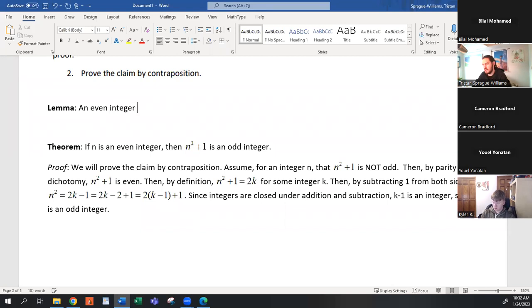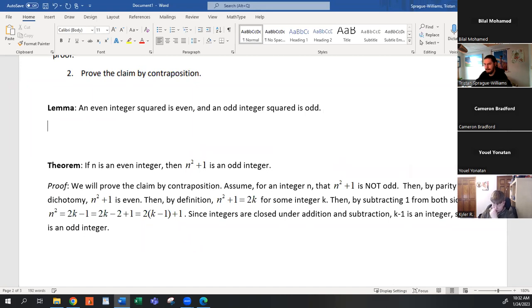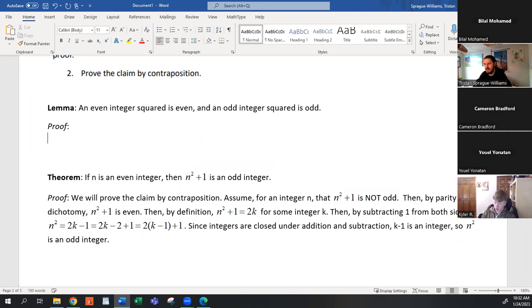So this is going to be: an even integer squared is even, and an odd integer squared is odd. Okay, this will be a pretty quick thing to prove. We can break this into cases.